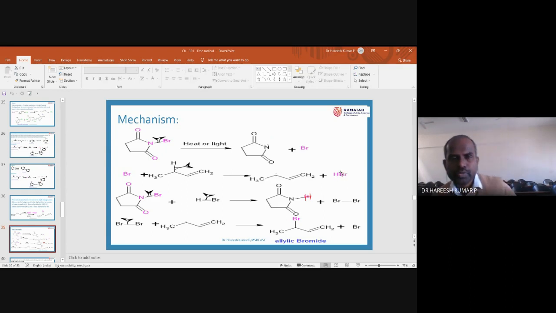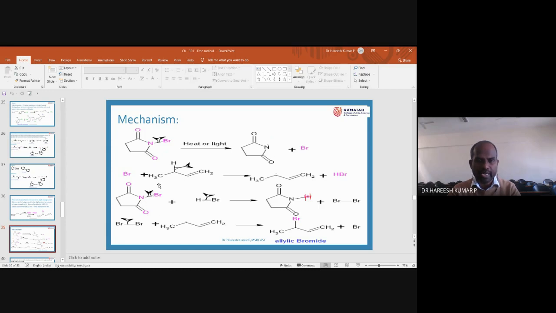One more equivalent of NBS can react with the HBr. So here both NBS as well as HBr undergo homolytic cleavage. Here also a homolytic cleavage.